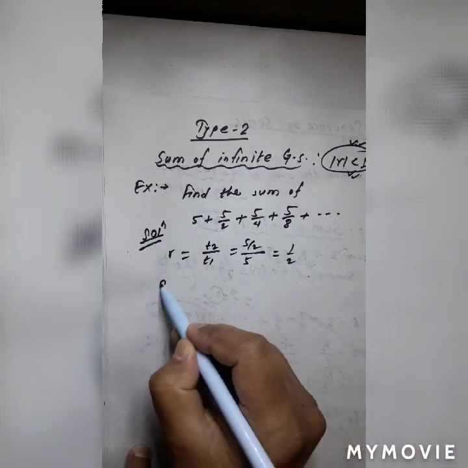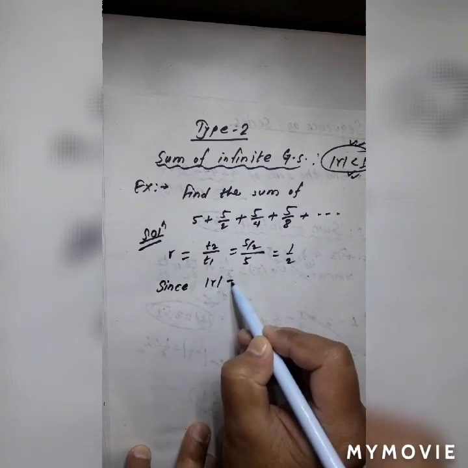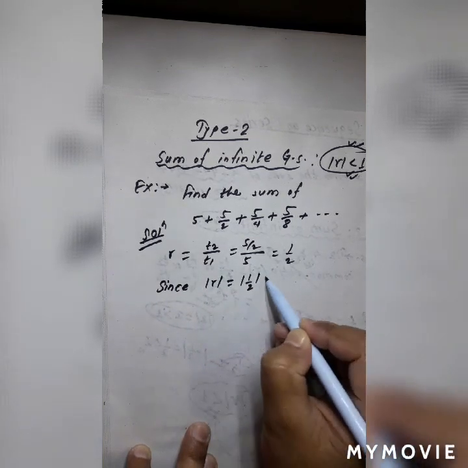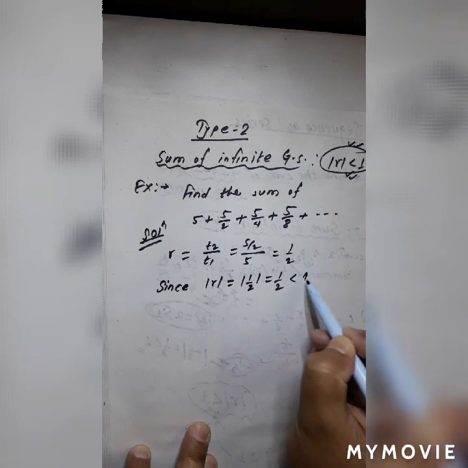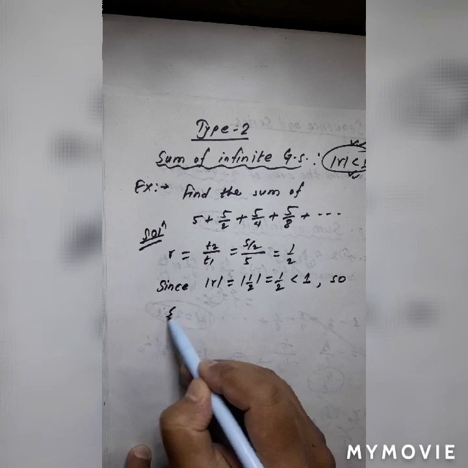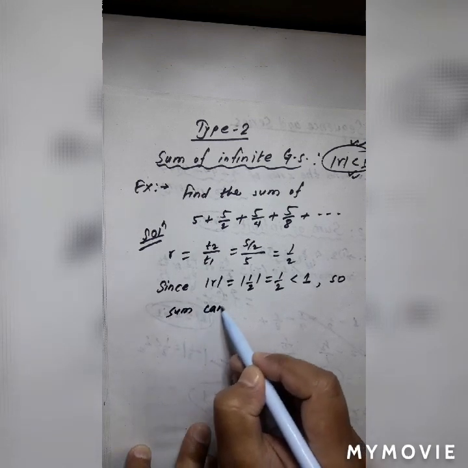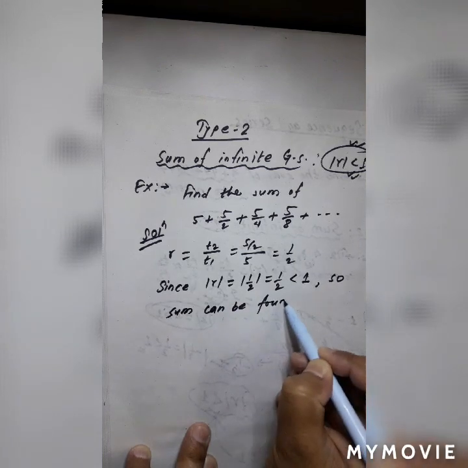So here, since the absolute value of R equals 1 by 2, which is less than 1, the sum can be found.